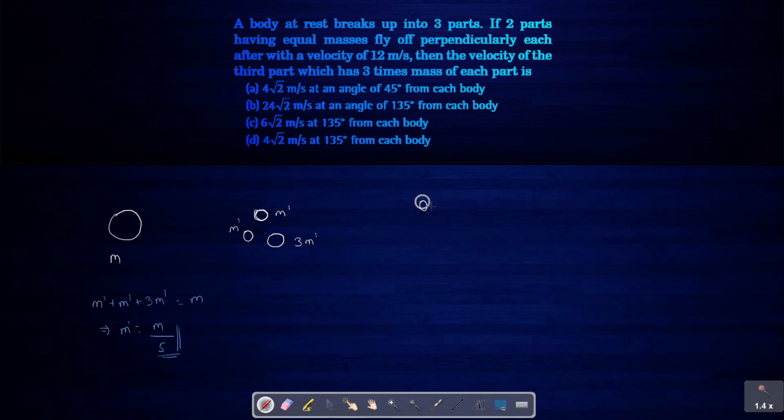So m dash is moving with velocity 12 meter per second, and another mass of m dash is moving with 12 meter per second perpendicular to it. What should be the velocity of the third particle, that is 3m dash, such that the entire momentum will be 0?